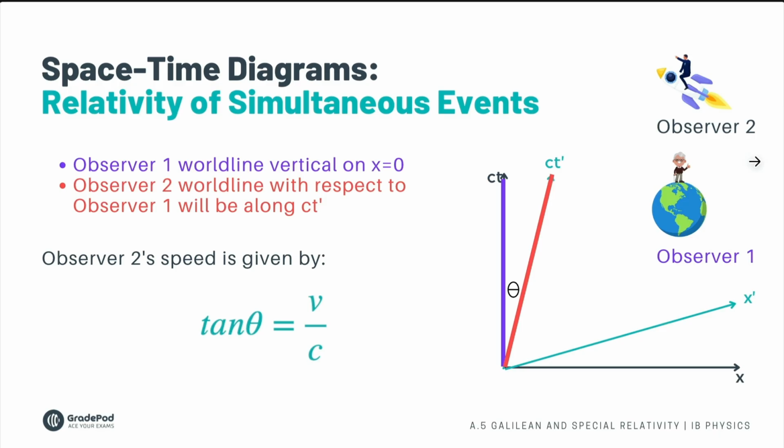I mentioned before that we can find the speed of observer 2 relative to this stationary observer 1 by using the angle here.